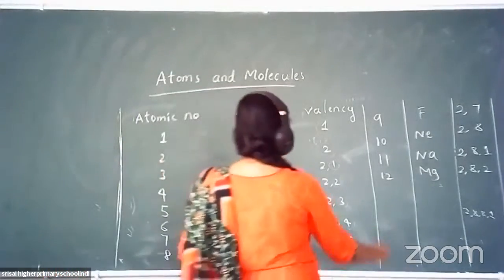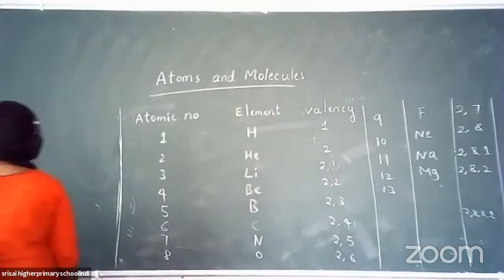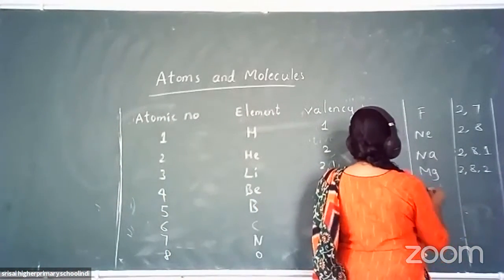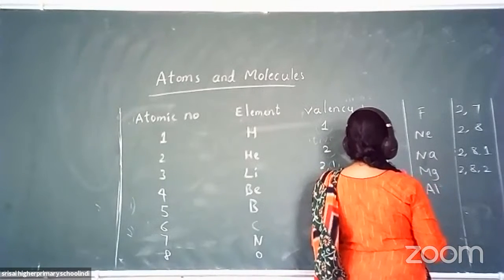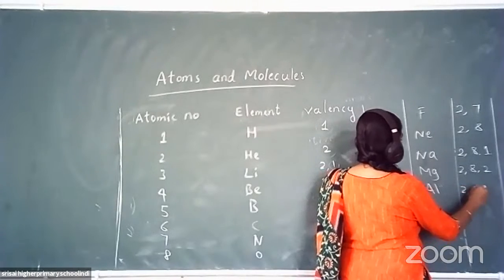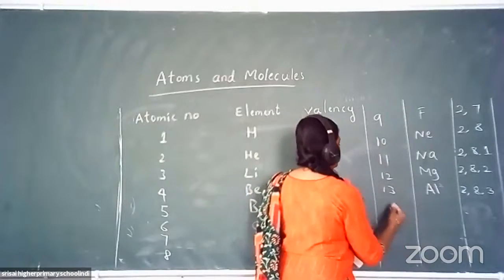So what is the 13th one, students? Aluminium. 13th one is aluminium. Okay. Aluminium, Al, I write. So aluminium is 2, 8, 3. Okay. What is 14?